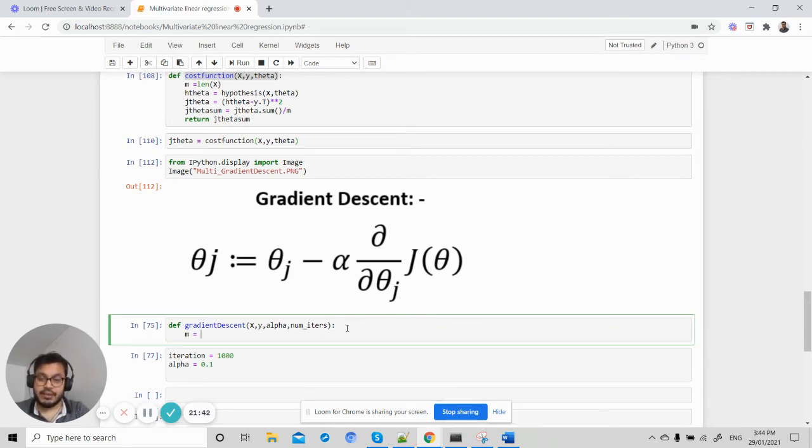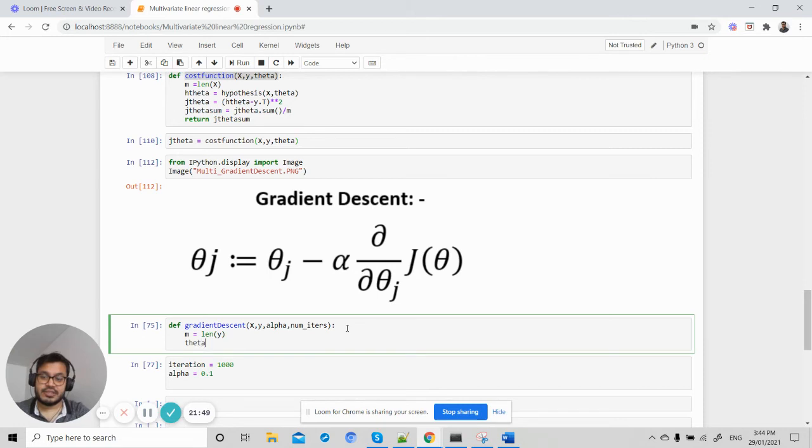Okay, so m will again be the length of y. Let's initiate theta to zeros. Okay, this will be my x dot shape.